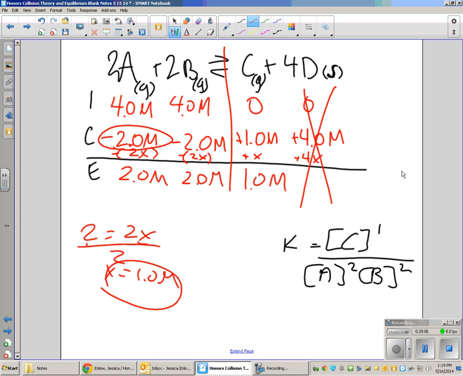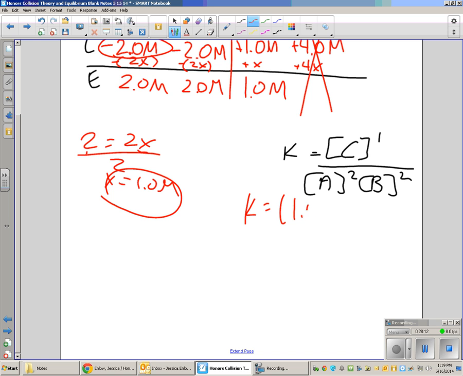So K is equal to the concentration of C, which is what? 1 molar, over the concentration of A, which is 2 molar squared, and then the concentration of B, 2 molar squared.